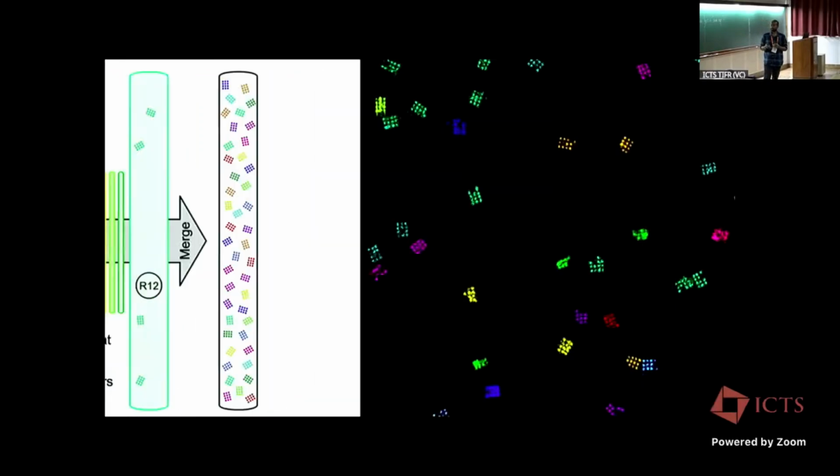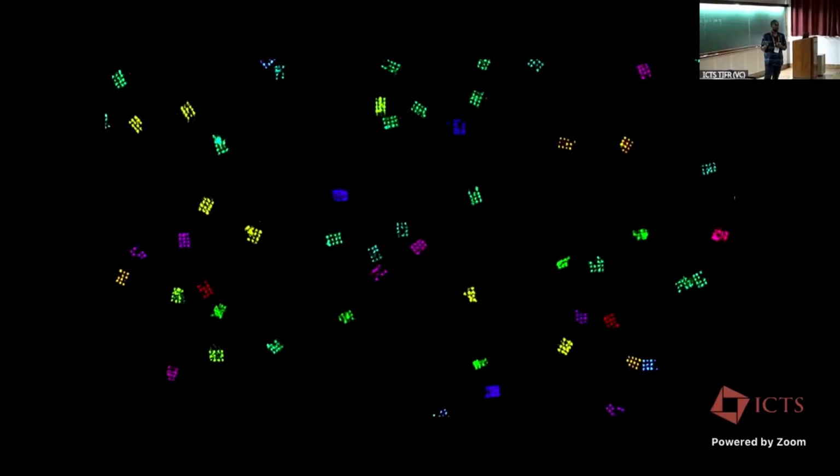What you end up with is a field of view with 12 different origami species, and each origami is shown with a different color because each carries a unique docking strand. So this lays the groundwork that we are now able to image 12 different targets in the same field of view in 12 rounds of sequential imaging.